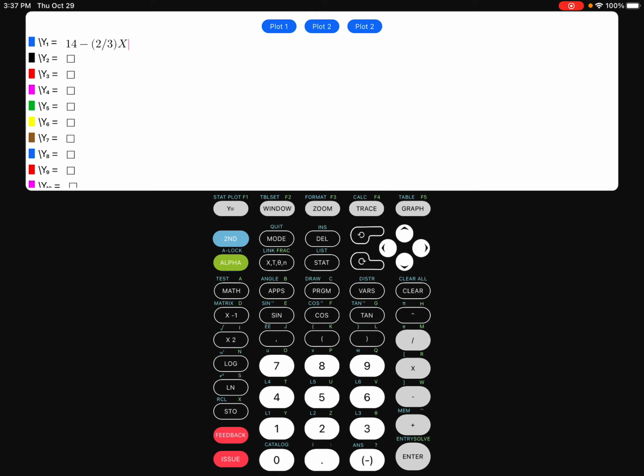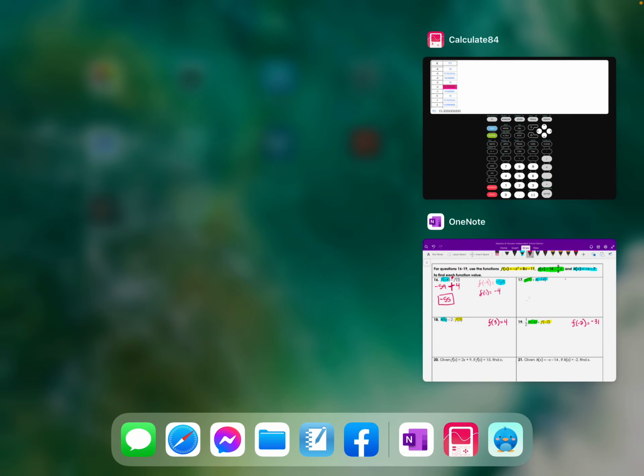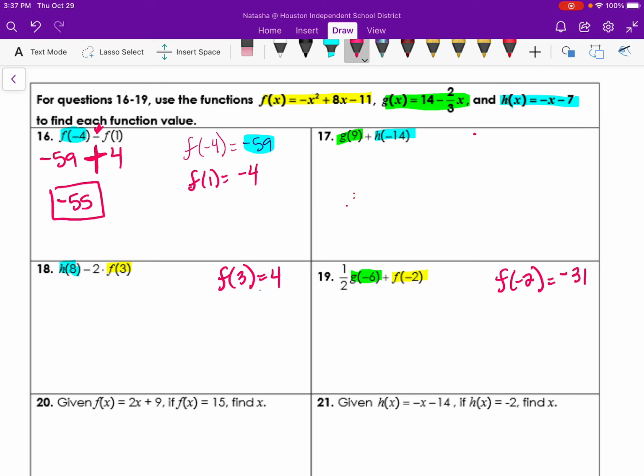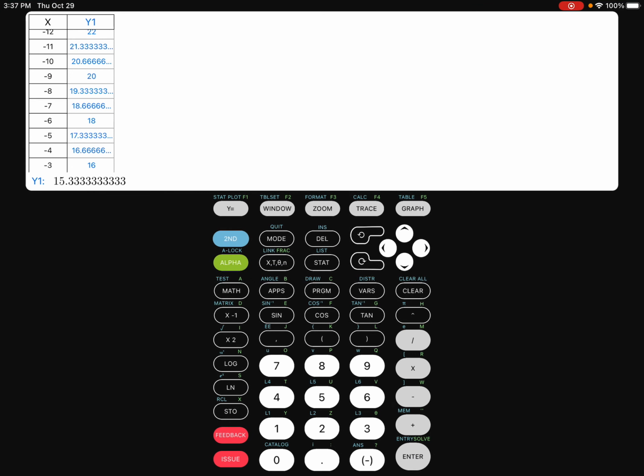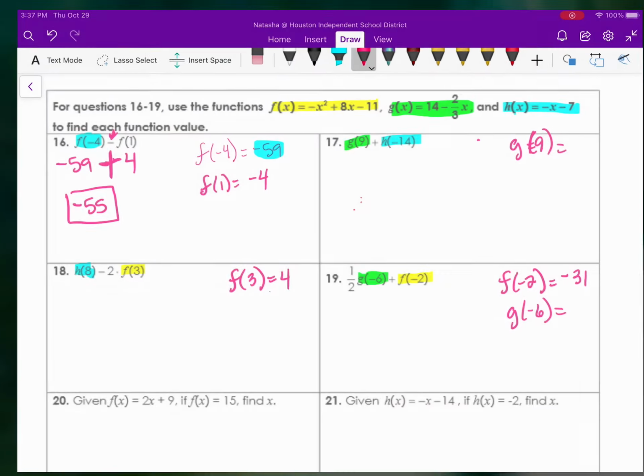So it's going to look like that on mine. Now, if the alpha y equals works for you, then by all means use that to graph. Then I'm going to go to second graph to get my table list of values. I'm looking for g of negative 6, g of 9, and no other g's. So g of negative 6 is going to give me right here positive 18.